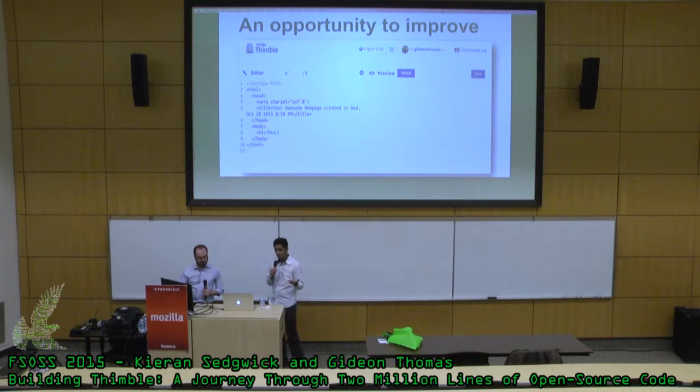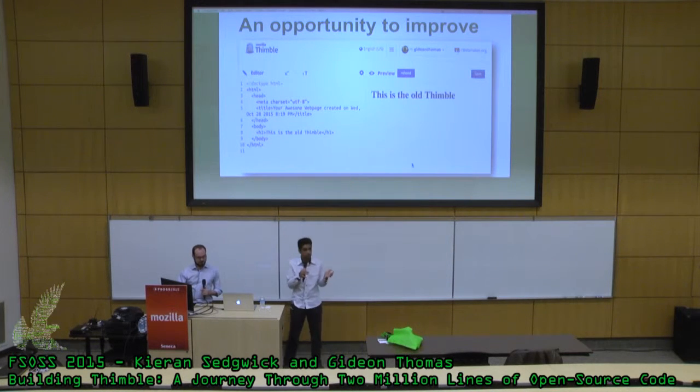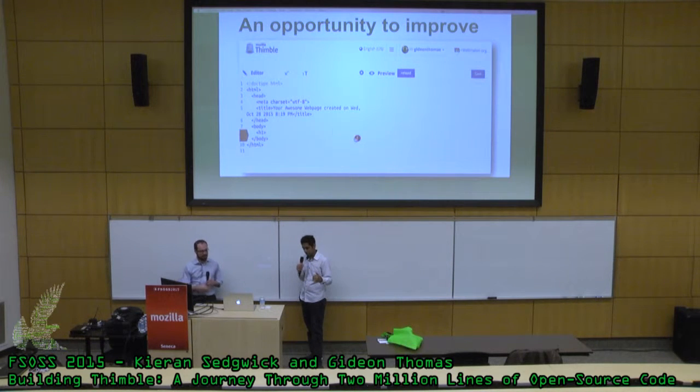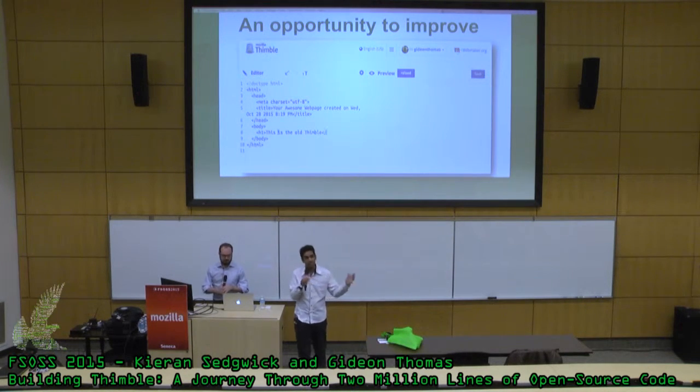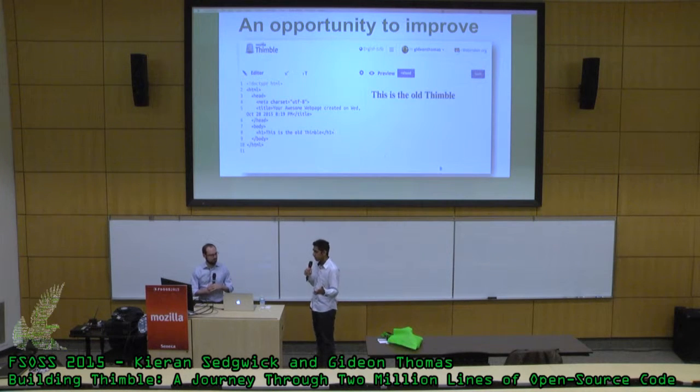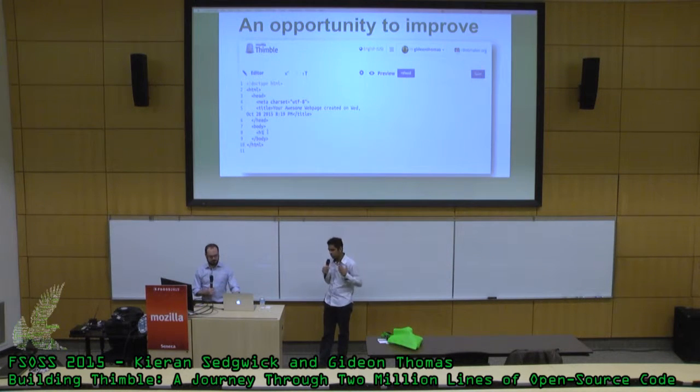Another point is that because of the way we built Thimble in a really quick manner, adding new features was not even planned for. So the development of Thimble sort of stalled, and it was really hard to extend it beyond its capabilities. So we thought, here's an opportunity.